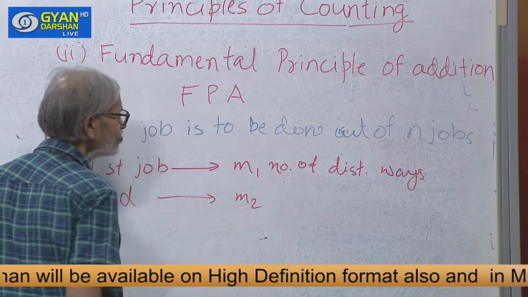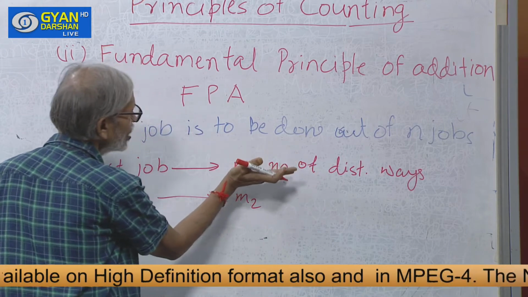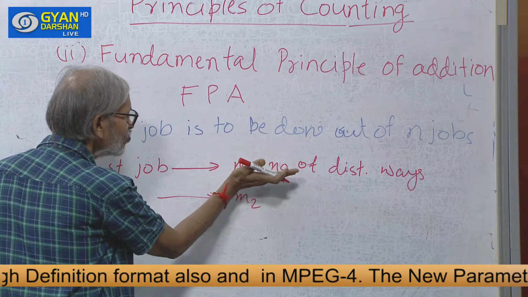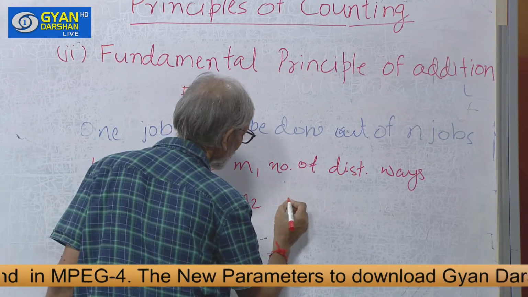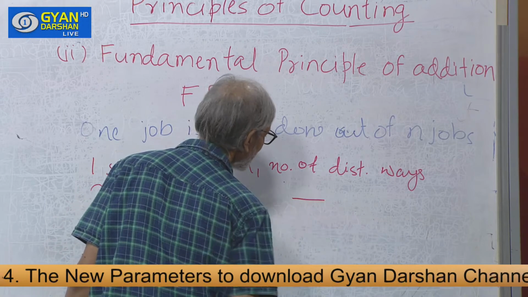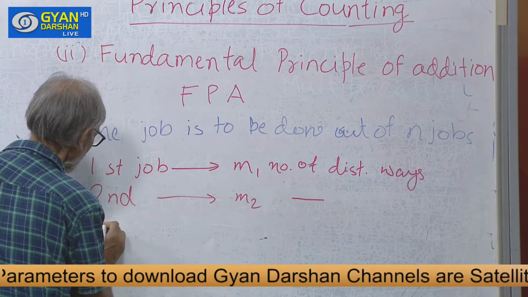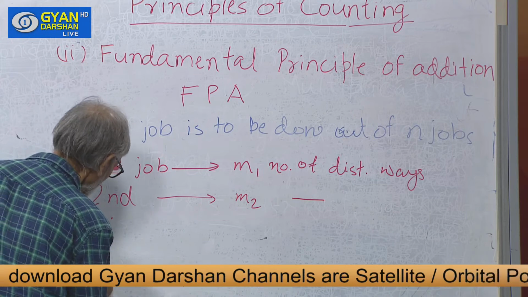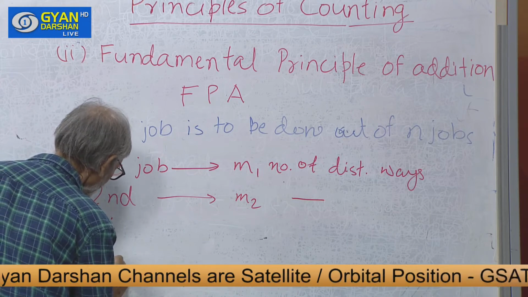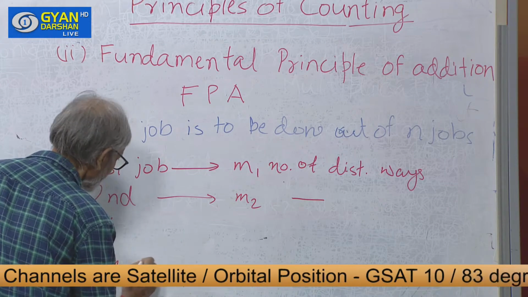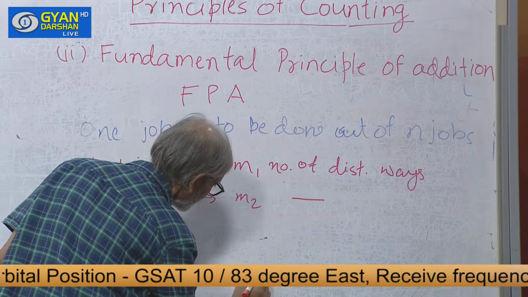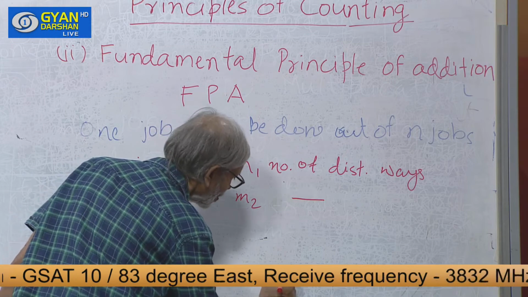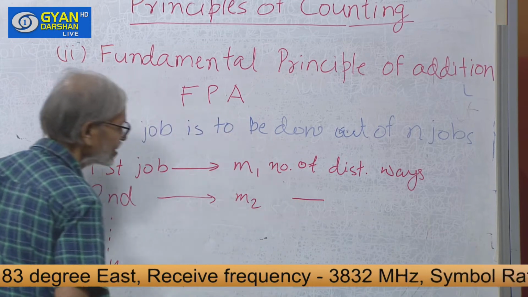These are the alternatives, okay. m1 number, but all distinct, not the same. m2 number of distinct ways, the nth job can be done in mn number of distinct ways.